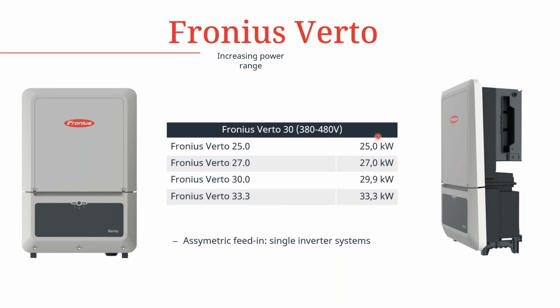Therefore, naturally going forward, this Vato inverter is going to replace the Fronius Snap Inverter Eco. One key differentiator here would be the possibility for asymmetric feeding, but currently this is designed for single inverter systems.